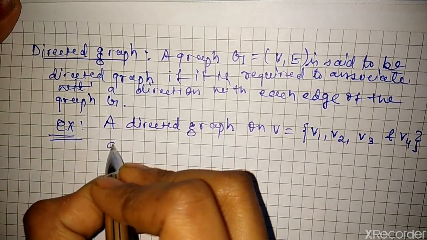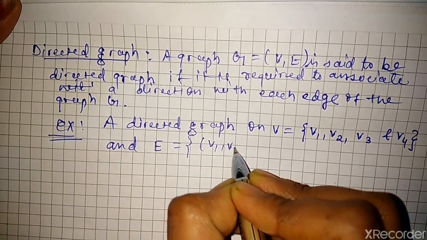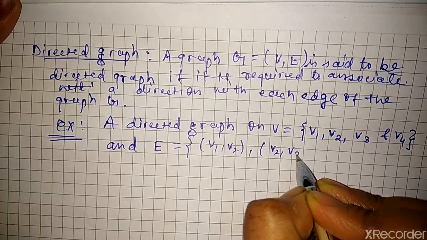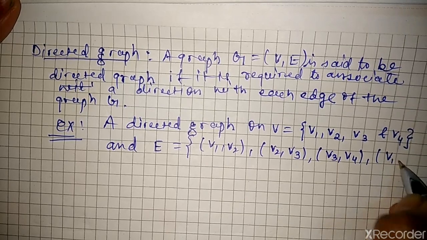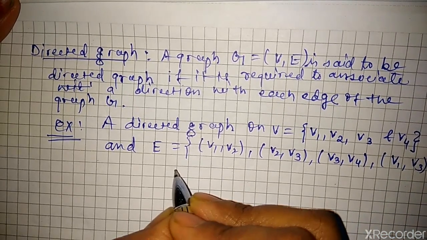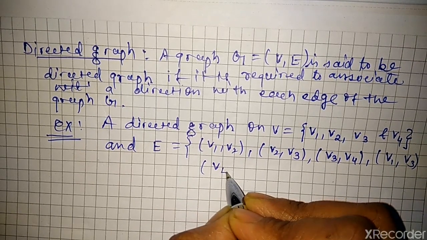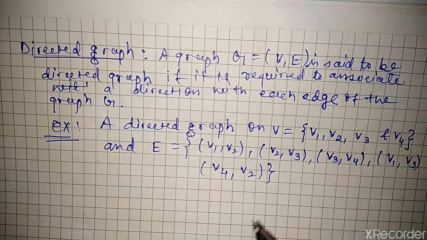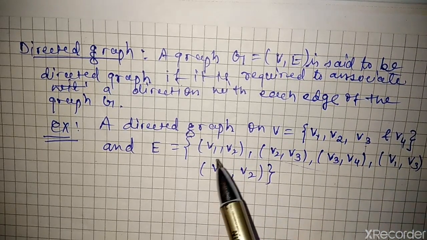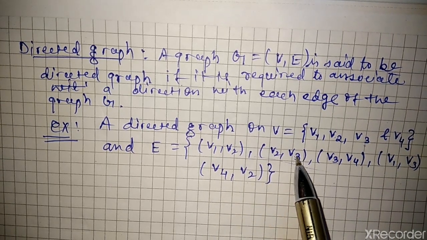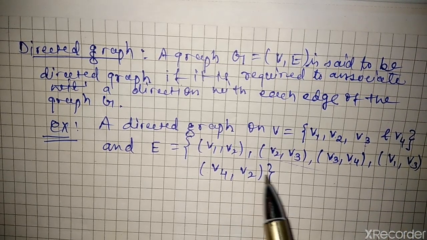The relation given to us is (V1, V2), (V2, V3), (V3, V4), (V1, V3), and (V4, V2). So we have the four vertices 1, 2, 3, 4, and the relation is from V1 to V2, V2 to V3, V3 to V4, V1 to V3, and V4 to V2.